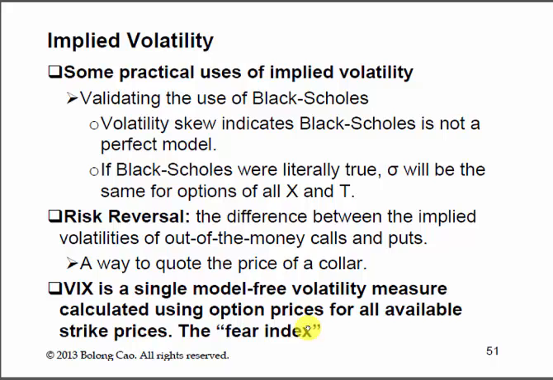It is a model-free measure, but it's actually based on the Wiener process assumption. So it's model-free, not assumption-free. Some people still say VIX is not good enough. And that's what we need to know about implied volatility.